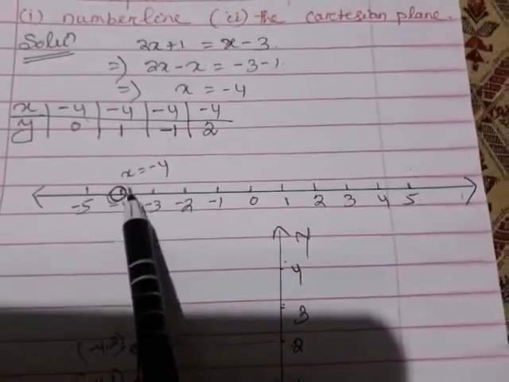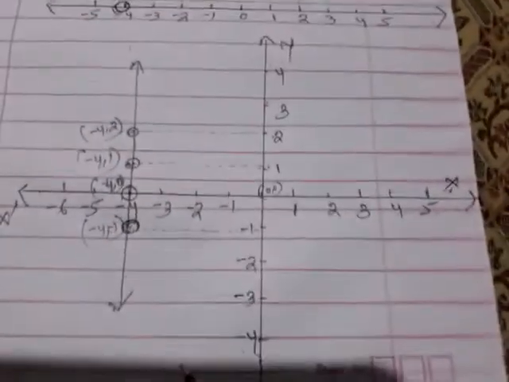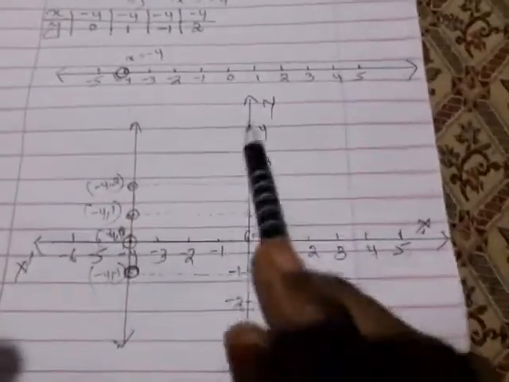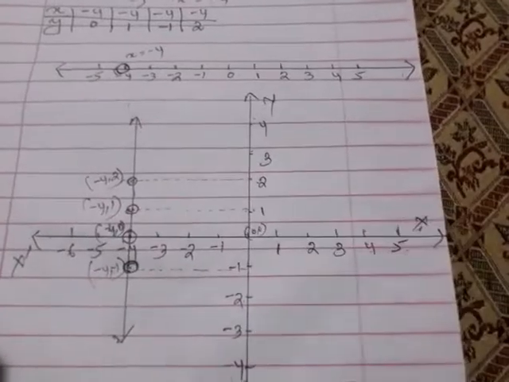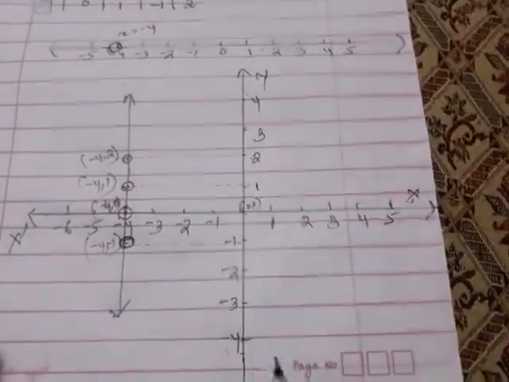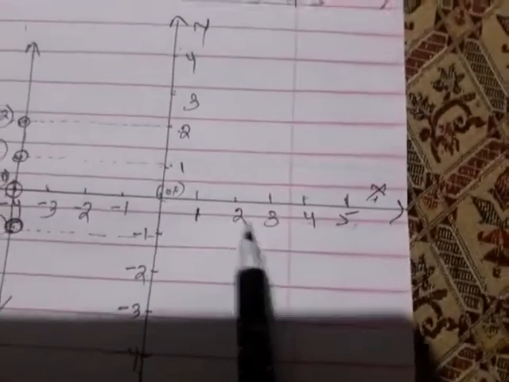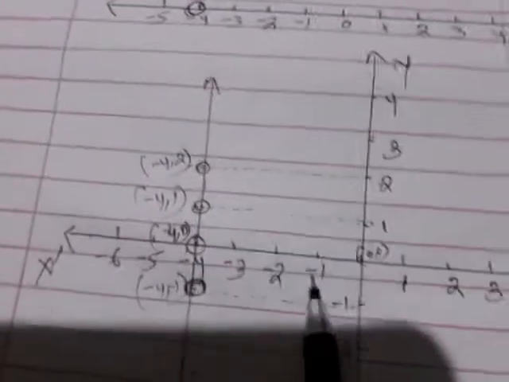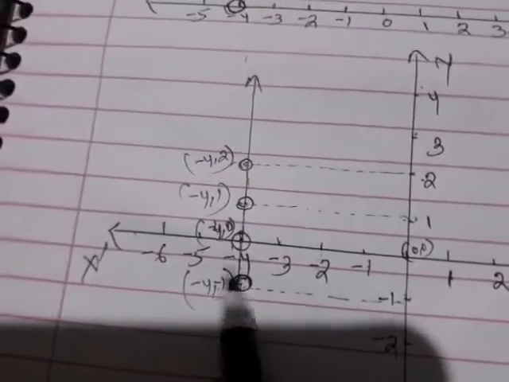This is the solution. Next, on the graph paper or Cartesian plane: x y, x dash, y dash. Here positive numbers: 1 2 3 4 5, minus 1, minus 2, minus 3, minus 4, minus 5, minus 6. 1 2 3 4 positive numbers, y dash: minus 1, minus 2, minus 3, minus 4.